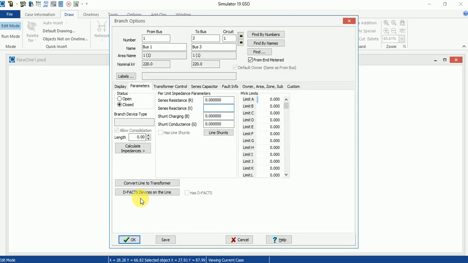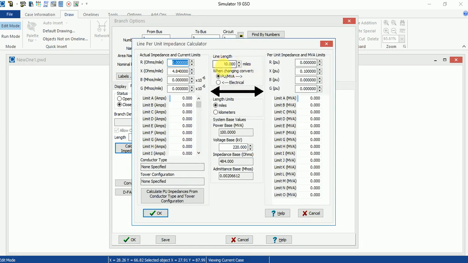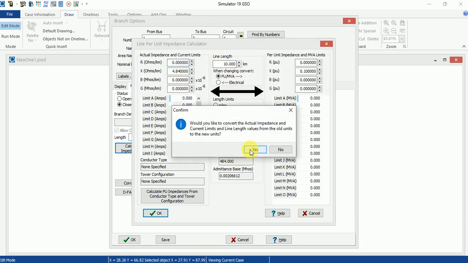Now, as we saw in the previous video, a dialog box will appear, so just click on calculate impedance from per distance impedances and select kilometers.